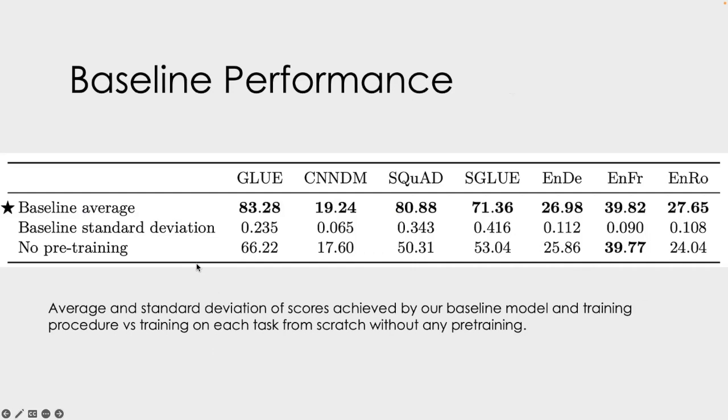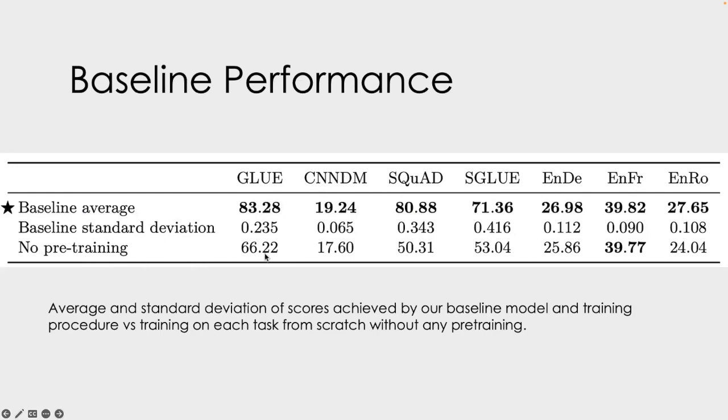Okay, so here is the baseline performance. These are the tasks that the T5 model picks to evaluate on, like GLUE, SuperGLUE, and translation. And this is a baseline average of the model that is pre-trained and then fine-tuned for all the tasks using the text-to-text input-output pairs.